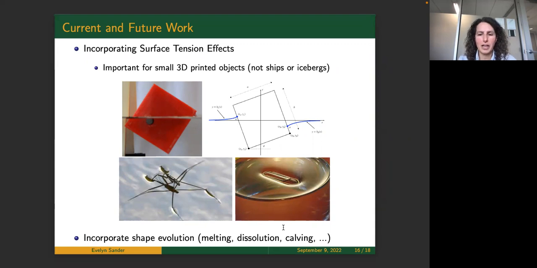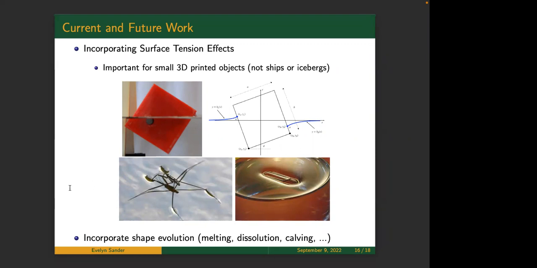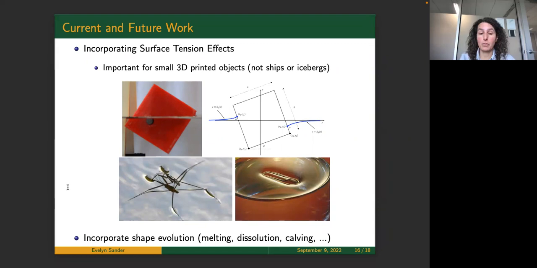And I guess I haven't seen this, but you can also float a coin on top of the water if you do it carefully. So surface tension comes up in objects that basically are held up on top of the water, do not actually go into the water at all. And so this is an interesting side remark of incorporating surface tension: could we print a 3D printed water bug? And if so, how would it look?